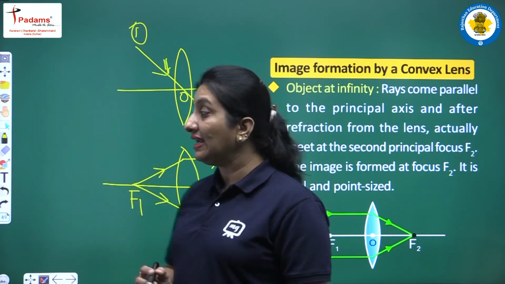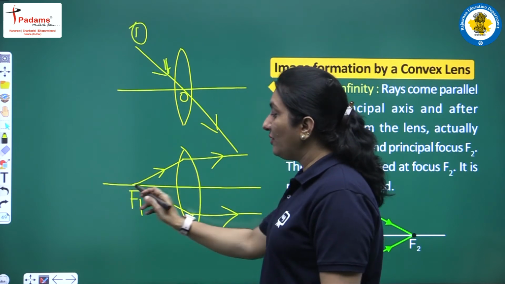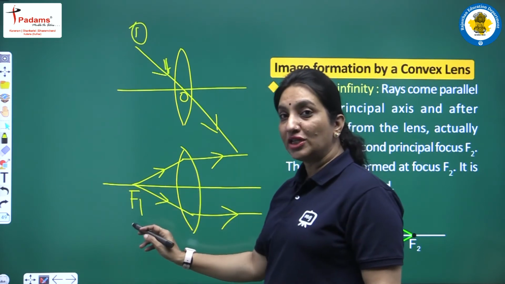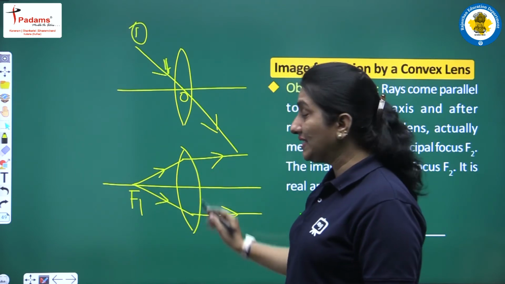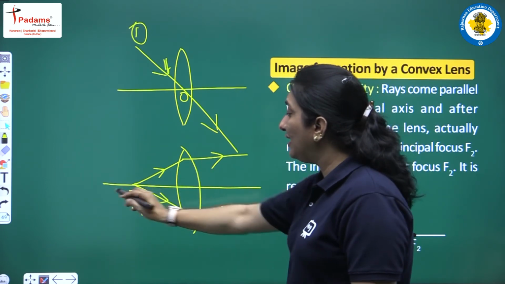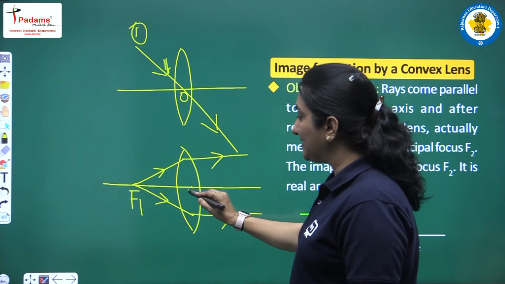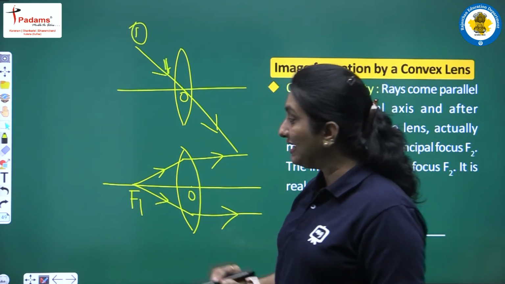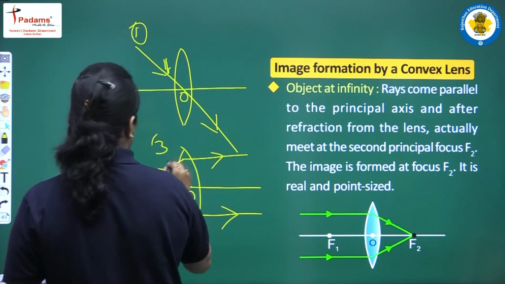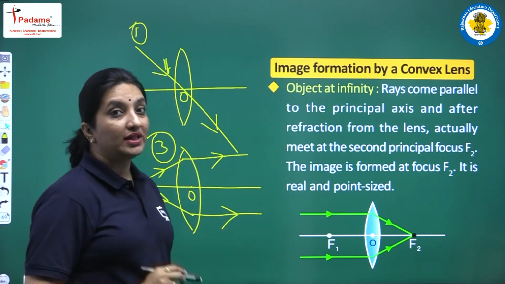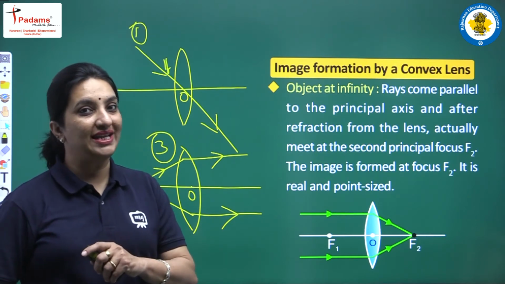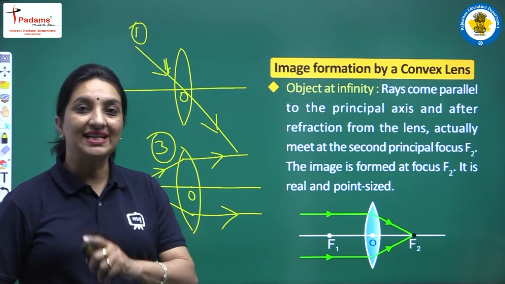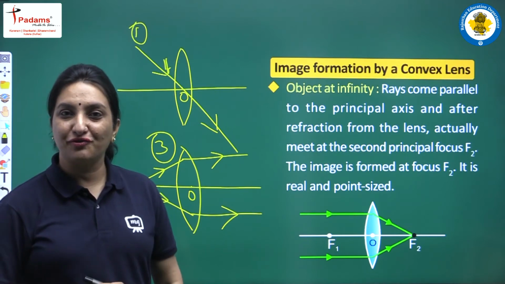All the rays of light starting from the focus point F1, after refraction through the convex lens, will come out parallel to the principal axis. So here we have seen the three types of rays, and we must have at least two types of rays and they must intersect at some point for image formation.